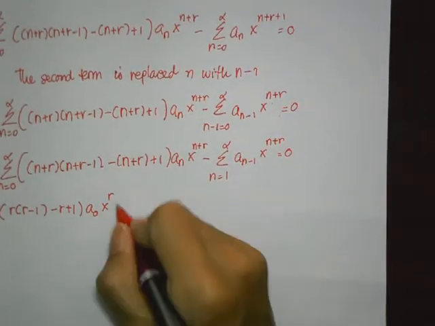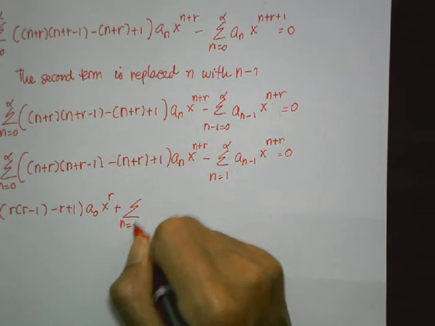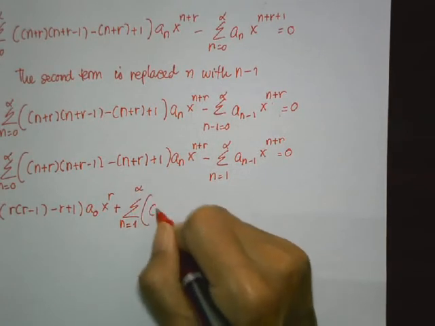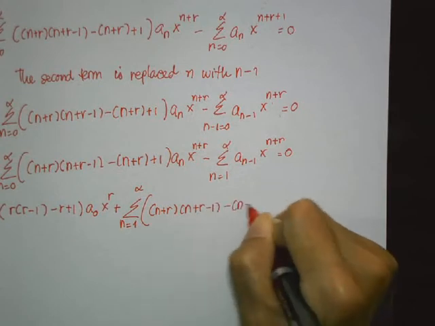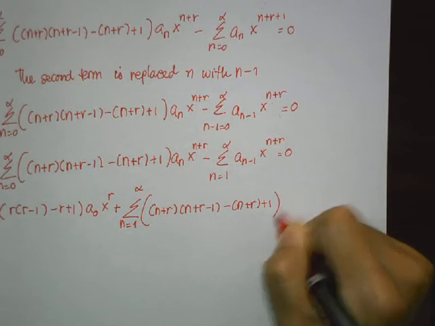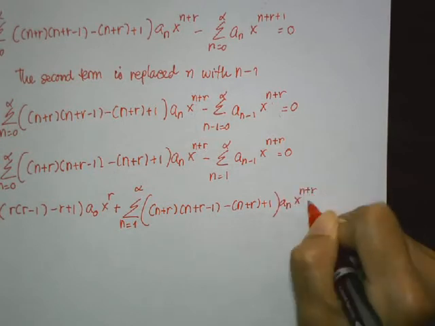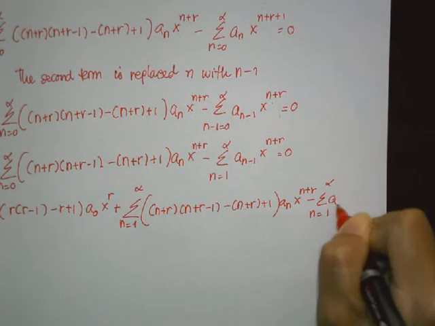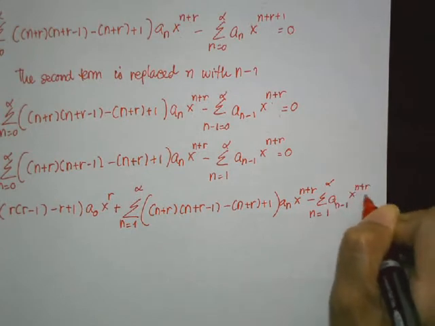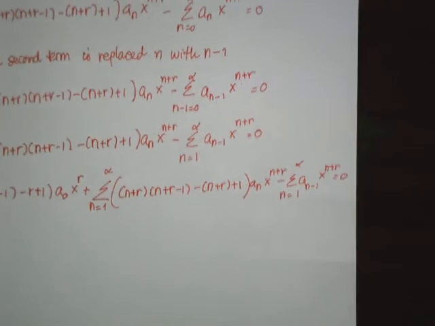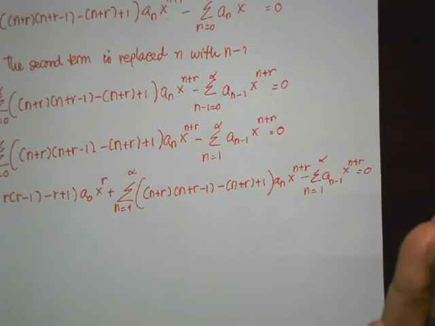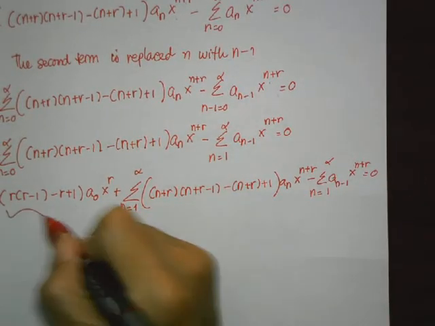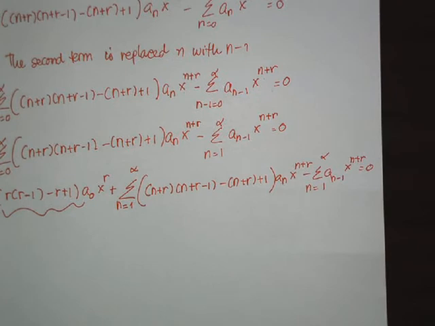And then the rest of the terms we put as a summation from n equal to 1 to infinity. Now our second and third terms have the same power and begin at the same point. And if you take a look at our first term here, if we set it to 0, you would know that this is an indicial equation.